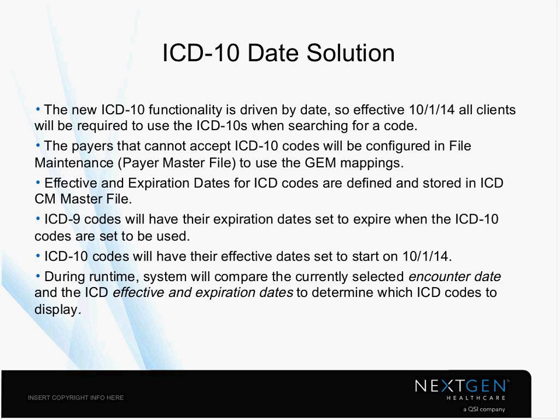But now, because we're using a date value, if we're on an encounter date that is previous to October 1st, 2014, the end users will receive ICD-9 codes. All right, we'll see that here as we get into it.